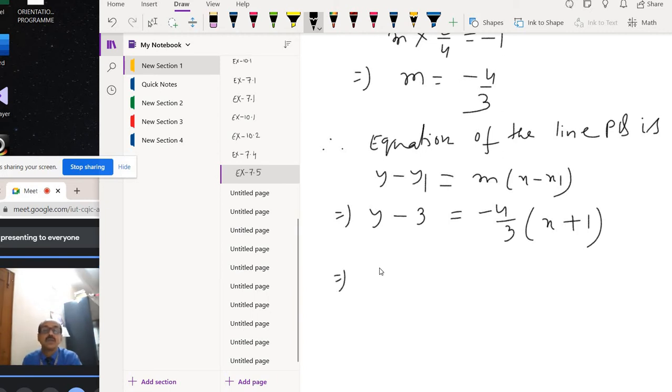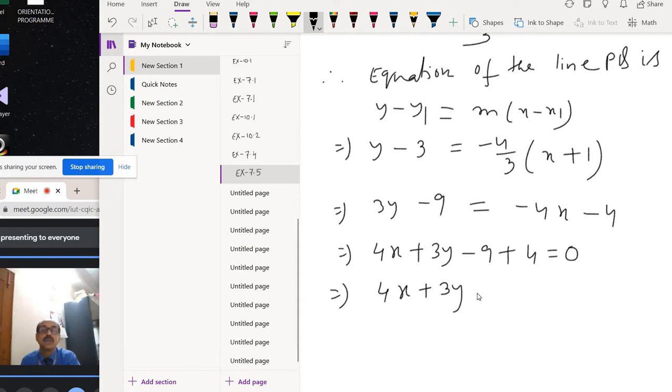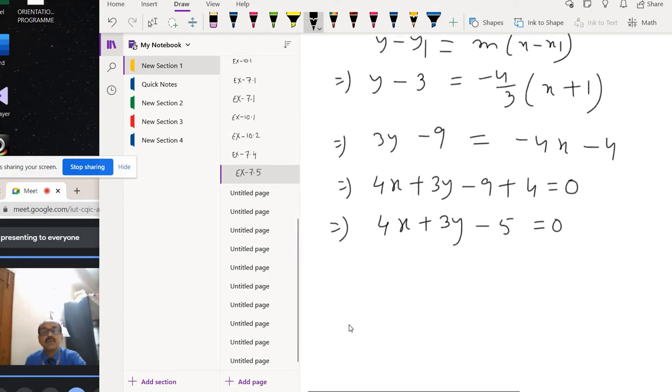Cross multiply: 3y minus 9 equal to minus 4x minus 4. So 4x plus 3y minus 9 plus 4 is equal to 0. So it is 4x plus 3y minus 5 equal to 0, so 4x plus 3y equal to 5.